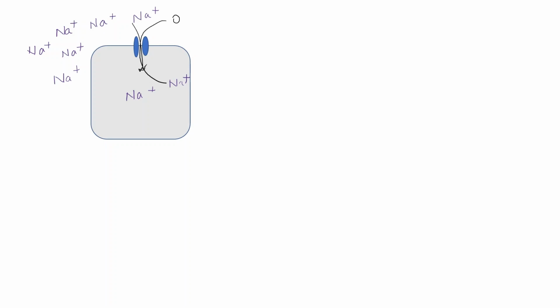They can pull in other molecules along with them. These molecules are basically utilizing the concentration gradient as an energy source, right? For these molecules, the energy source is the concentration gradient of sodium ions, right?